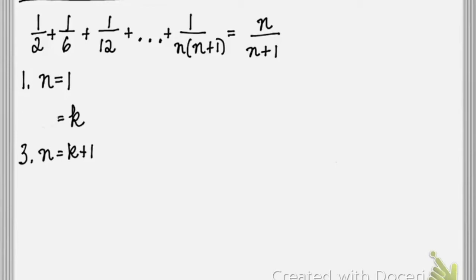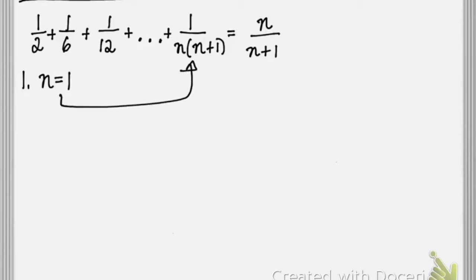So beginning with step 1 here, we're just saying that when n equals 1, and we can see n equals 1 right there. But I also want to think about where that came from.